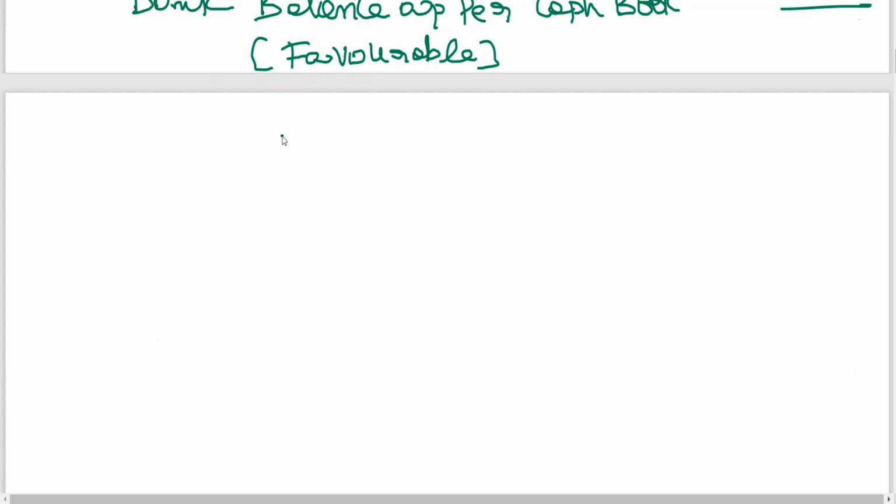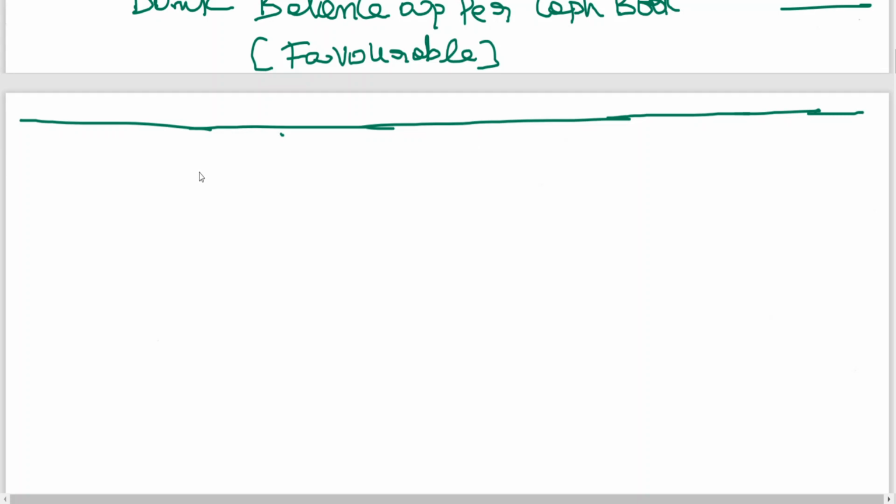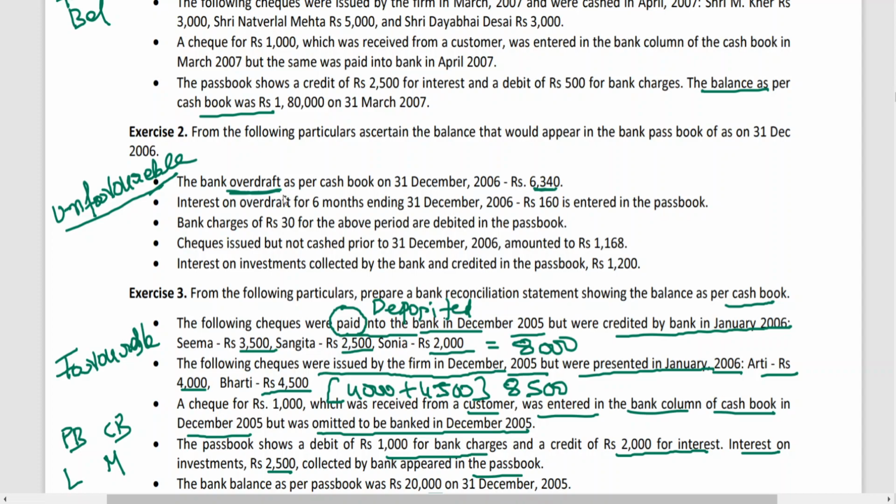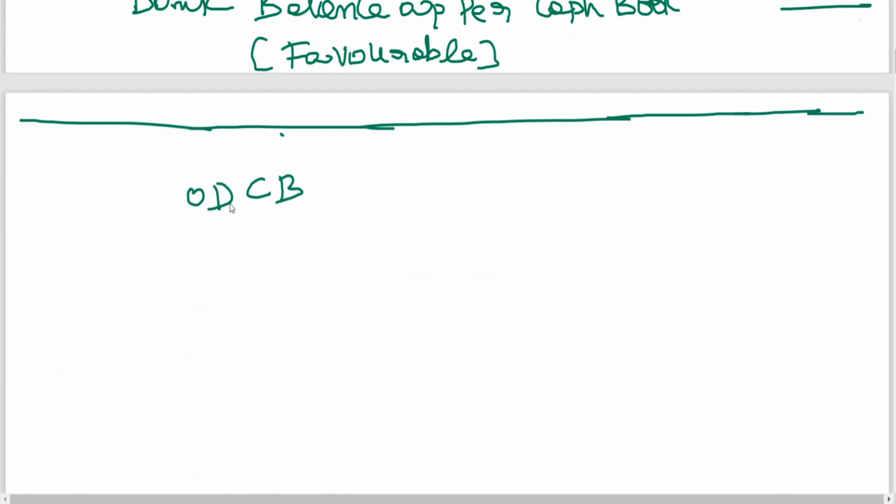Just before I start the problem, overdraft as per cash book has been given. Starting point overdraft as per cash book. With this I am going to find out passbook balance. It is called as result. Okay. The formula is same.